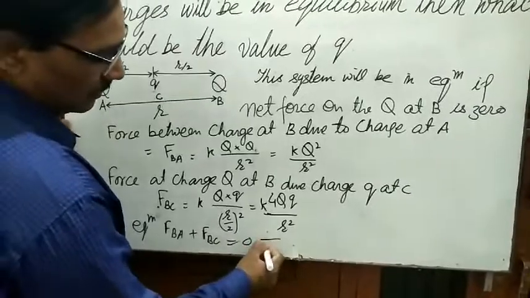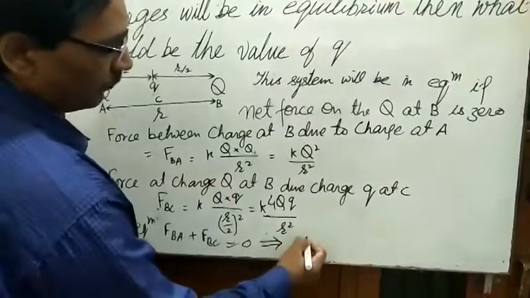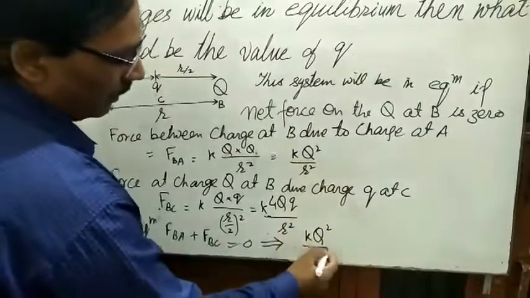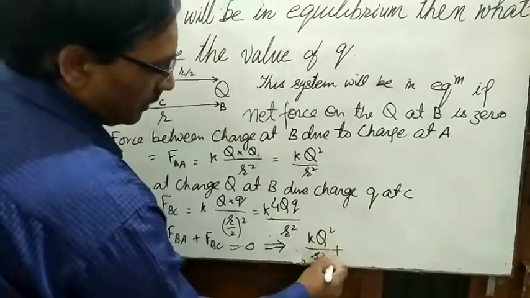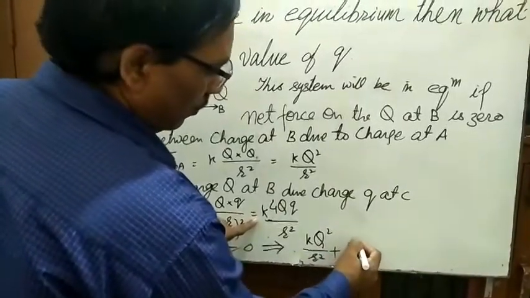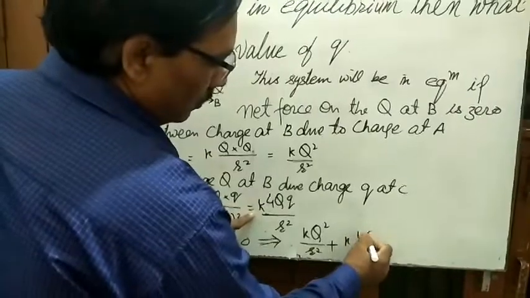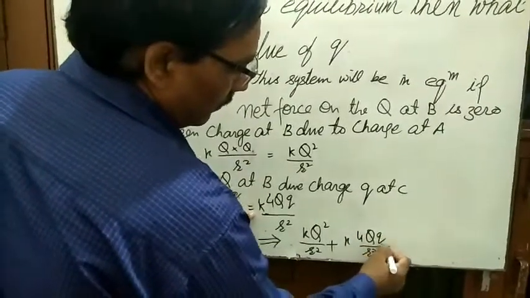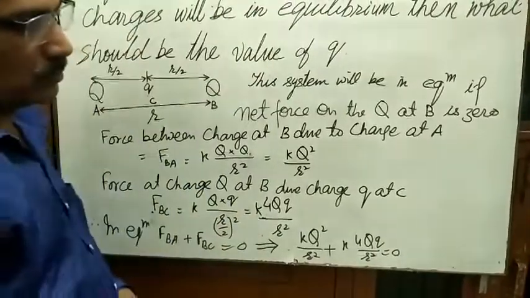This implies that K Q square by R square plus K into 4 Q q by R square is equal to 0.